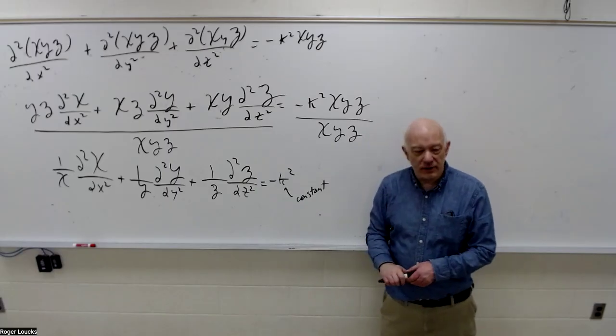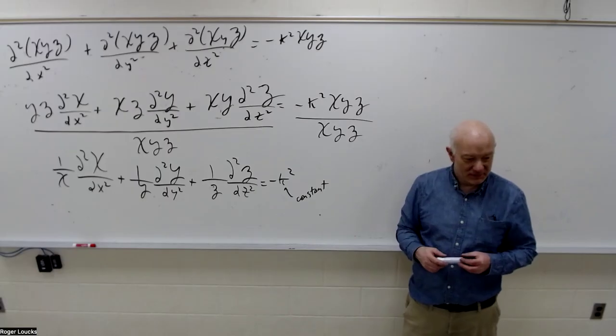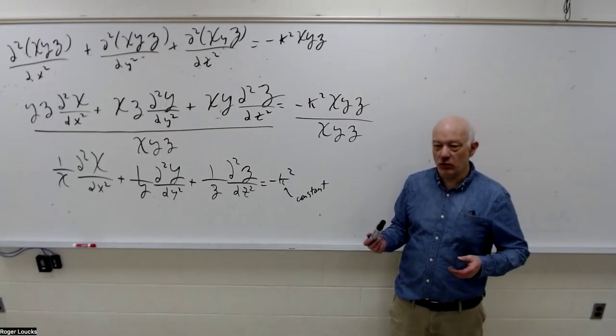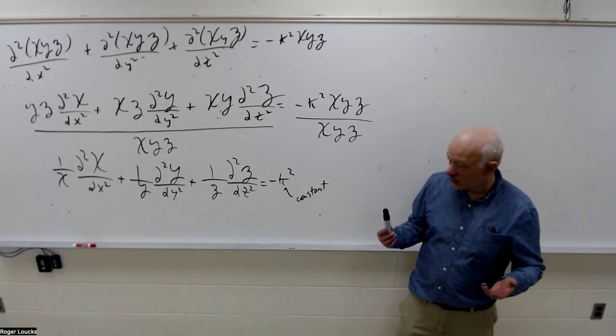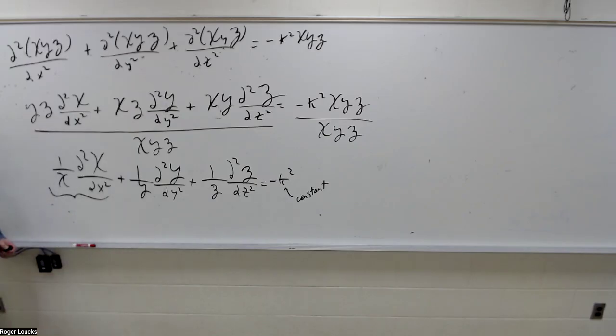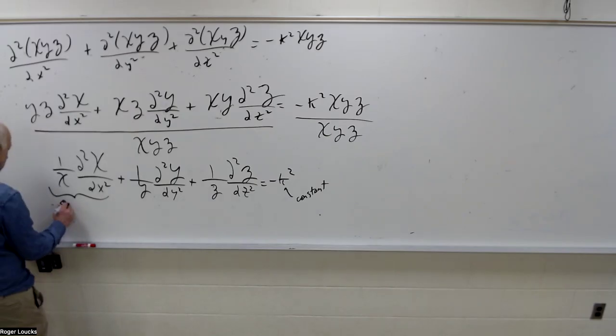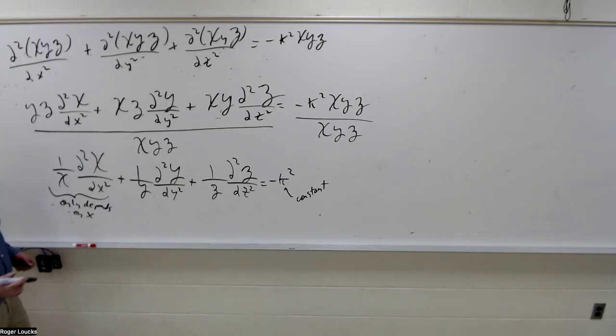Do you happen to know anything about X, anything about Y, and anything about Z? What would a mathematician call those variables? Independent. They're independent variables. So this term here only depends on X, which is an independent variable.